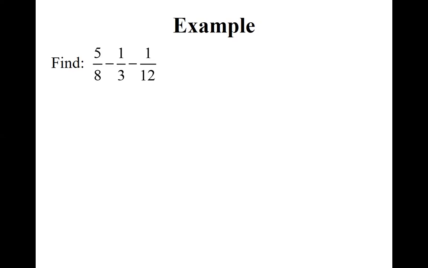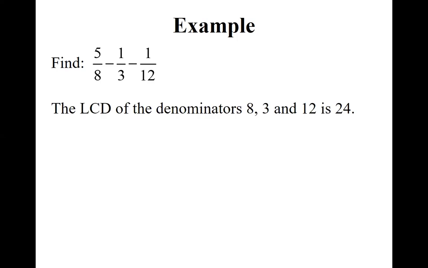If we start with the greatest number, that's 12. 12 is not a multiple of both 8 and 3. It is a multiple of 3, but not of 8. 12 times 2 is 24. 24 is a multiple of 8. 24 is a multiple of 3. The LCD is 24.